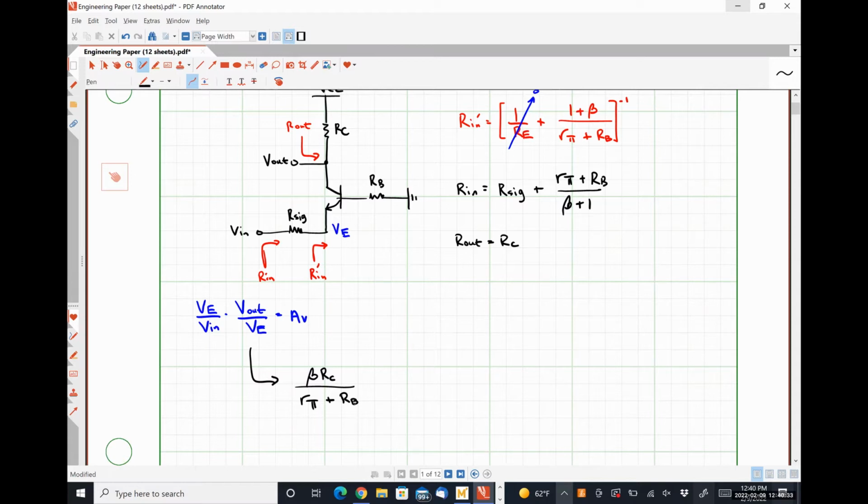How are we going to figure out VE over Vin? Anybody have any thoughts? As a voltage divider, it's pretty much always a voltage divider. It's either a voltage divider or I'm trying to trick you and all of the signal gets passed through. Those are pretty much the only two options. Legitimate. Okay? So the voltage division is going to occur.